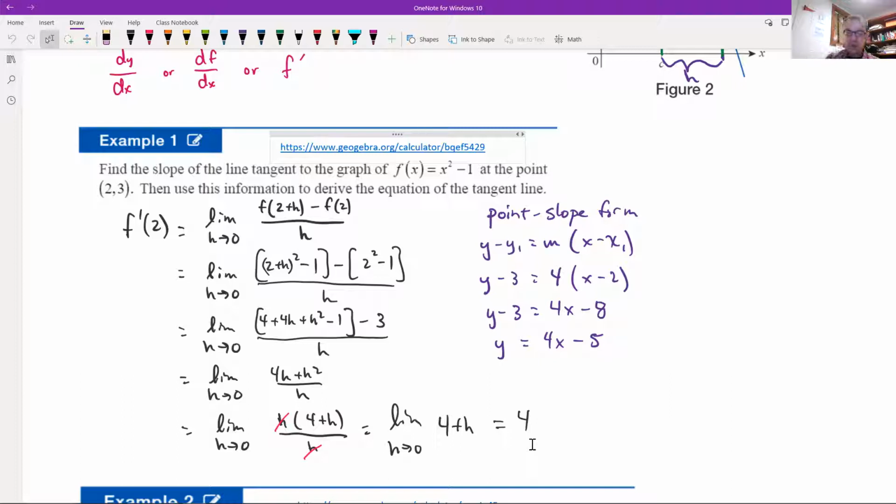This is maybe a little bit of spoilers for what's coming, but I think it's good to know that in general, we're going to be able to make a tangent line by using the derivative in the place of the slope and still having an x value and a y value.